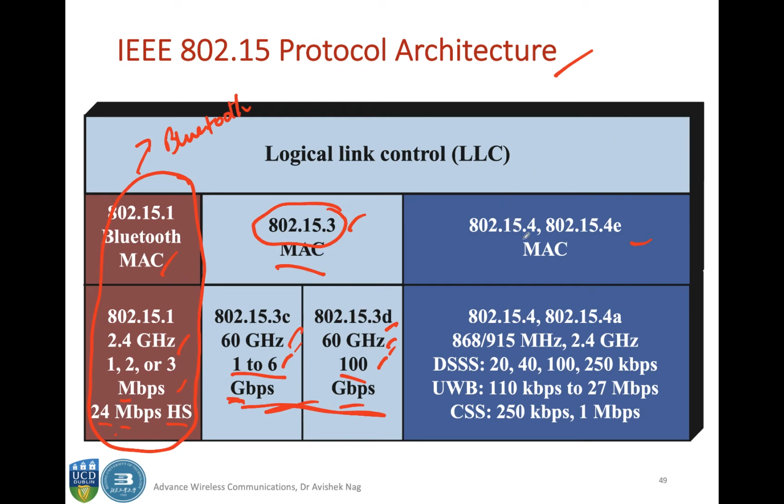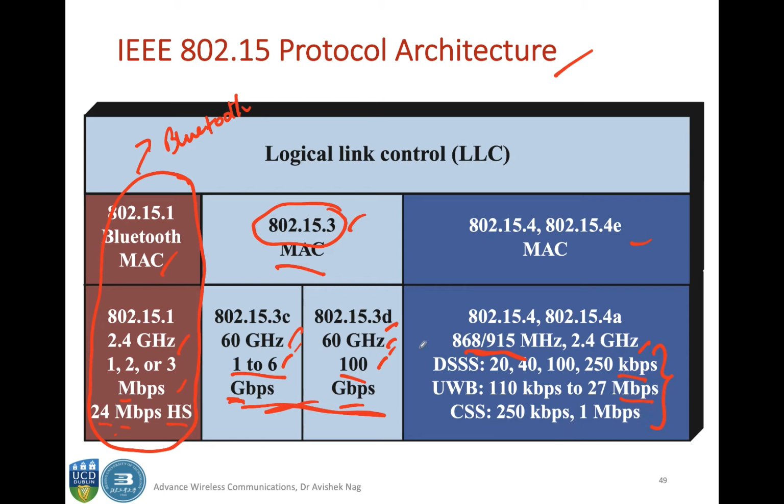And then 802.15.4, again this operates almost in the GSM band, 868 to 915 megahertz. It also operates in the 2.4 gigahertz band, and then it can have data rates of these. So you can see these data rates are relatively lower, of the order of kbps and megabits per second.